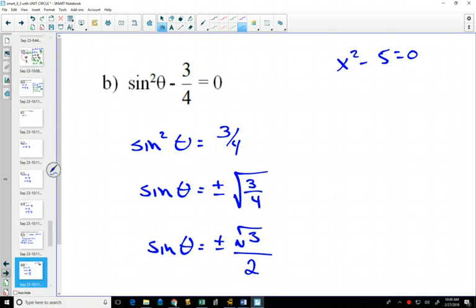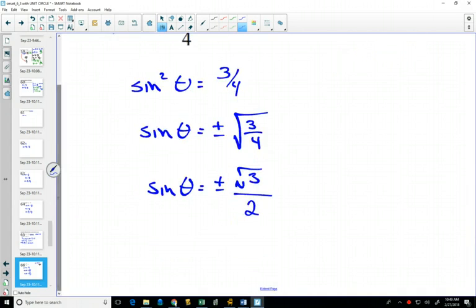What family has your y-coordinate as square root of 3 over 2? Pi over 6 or pi over 3? Pi over 3.